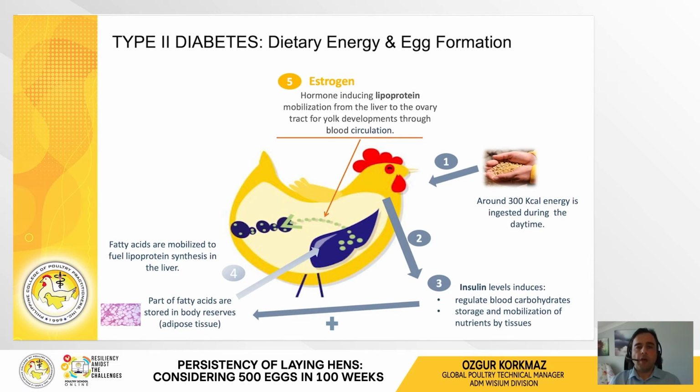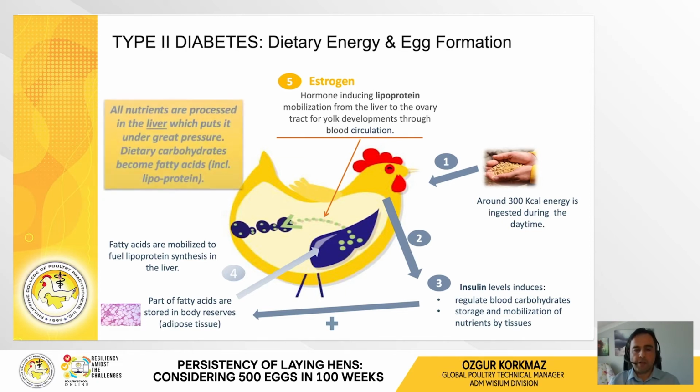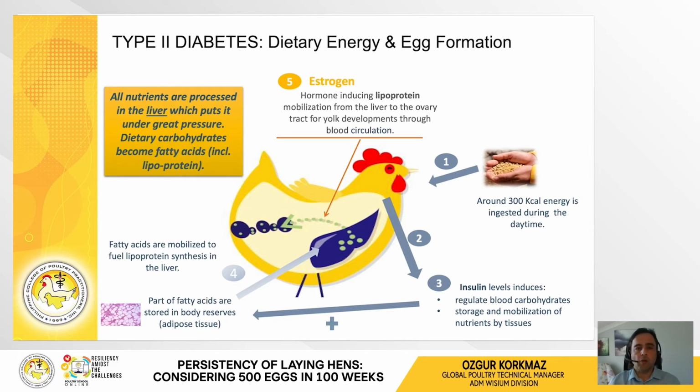Estrogen hormones also have a lot of tasks. For example, they are responsible for the ovulation process, and estrogen is also responsible for transferring lipoprotein from the liver to the yolk via blood circulation. When this lipoprotein arrives at the yolk, the yolk can become bigger because lipoprotein is part of the yolk.